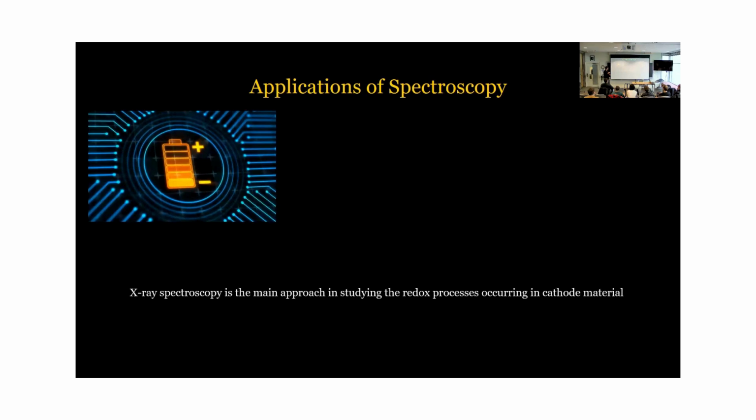For instance, X-ray spectroscopy, in particular X-ray absorption spectroscopy, is the main approach in studying the redox process occurring in cathode material for batteries. So by being able to simulate these processes, you can gain insight into how new materials for batteries would work, and you can hopefully make better batteries.